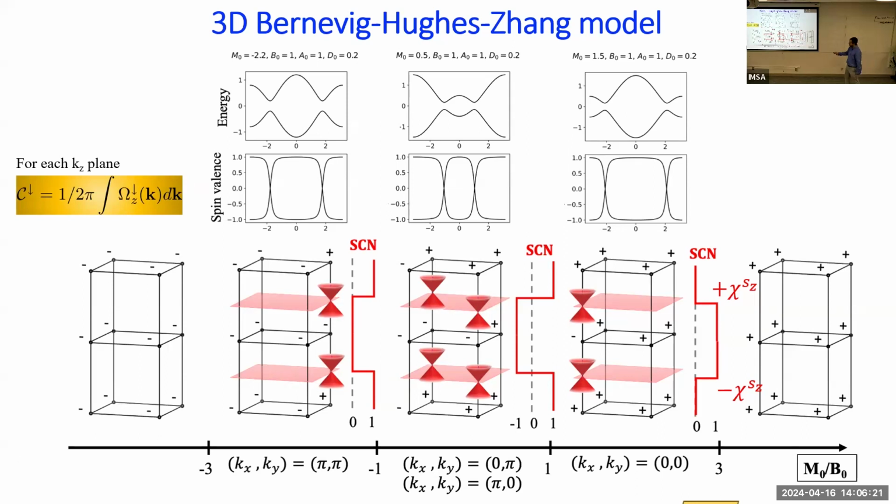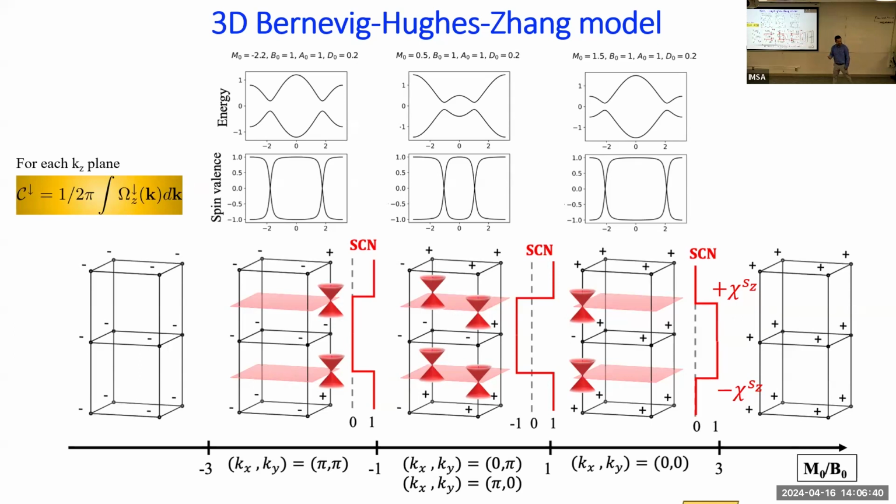That means that if we put this material in contact with the insulator, we have an energy crossing. The important point here, which we discovered with Bernardo, is that we have these spin Weyl points in the spin spectrum.